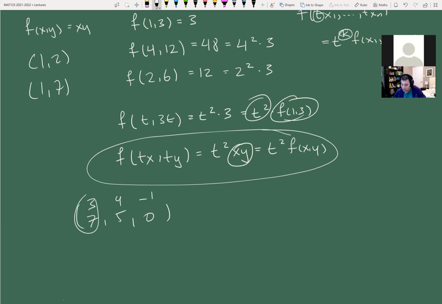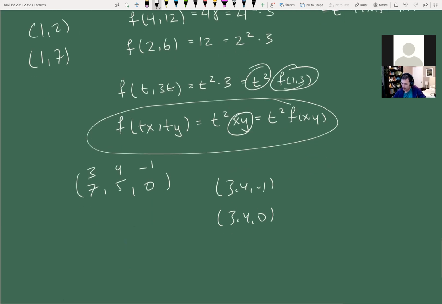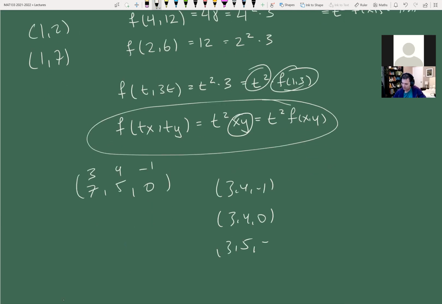You can choose any of these. So you could have 3, 4, -1; 3, 4, 0; 3, 5, -1; 3, 5, 0. You see what I'm saying? So you have 8 solutions for that reason.